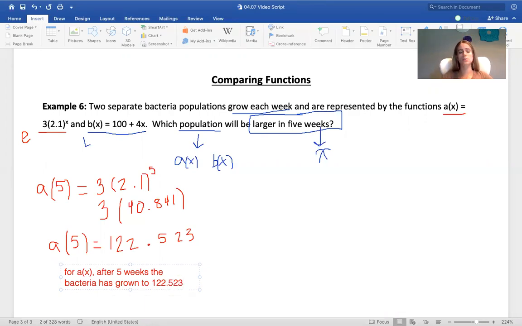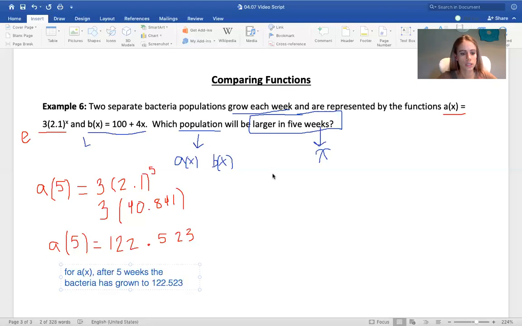And in this case, since we're talking about a bacteria population and it's really, really tiny, I'm going to keep all the decimal points. And also I want to make sure I have an exact answer, because if I'm trying to compare which one is greater, maybe it's only greater by that much. I want to wait until that comparison to round anything.